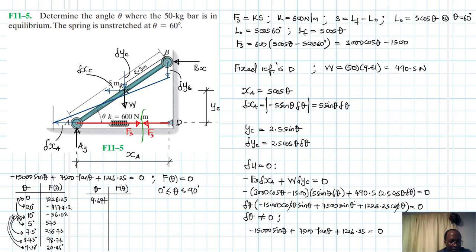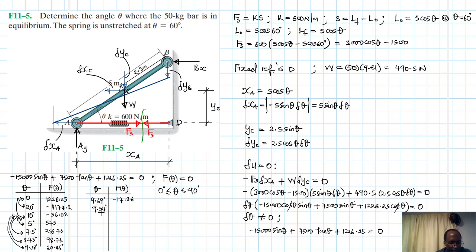Sine 9.69 plus 7,500 tan 9.69 plus 1226.25. So this gives us a minus 17.86. Okay, so now it begins to reduce. We get the average of 9.38 and 9.69. 9.38 plus 9.69 divided by 2, so we have a 9.54 degrees.